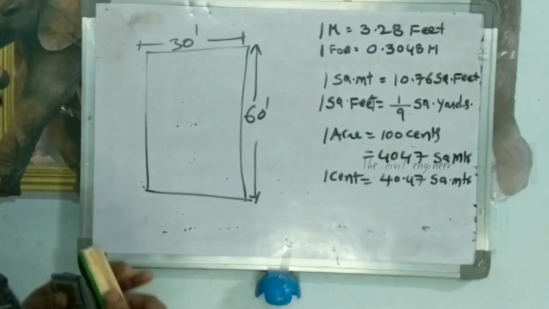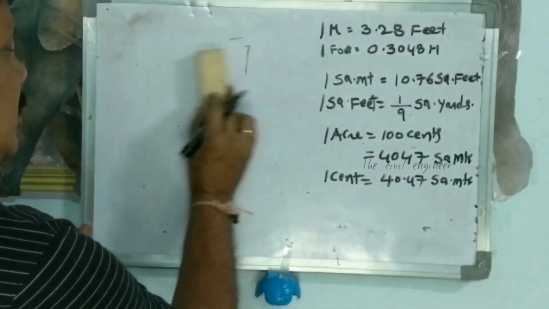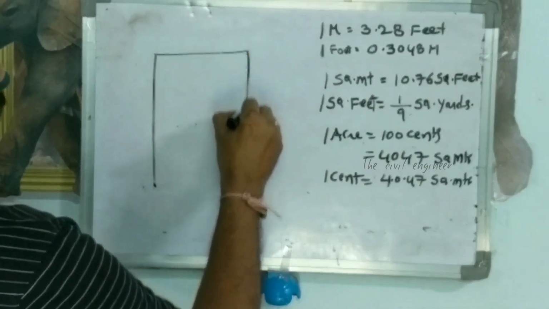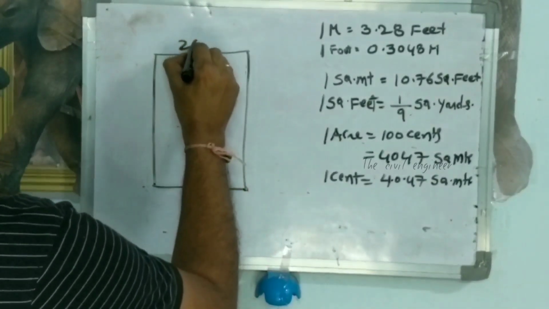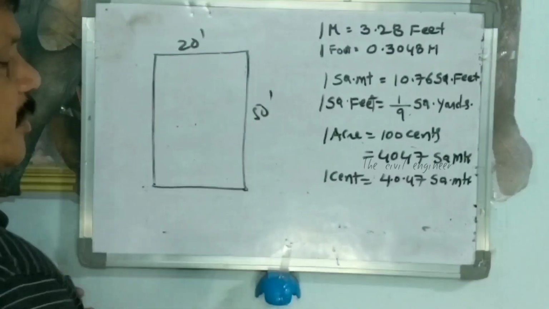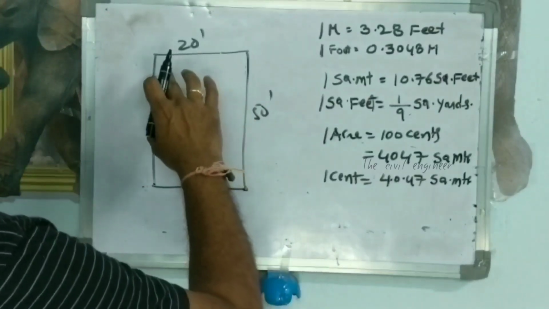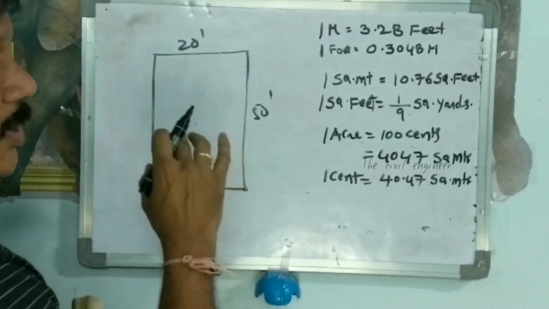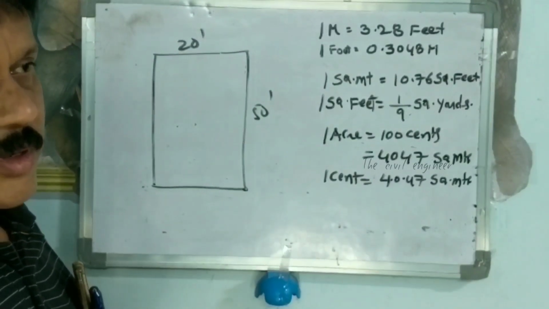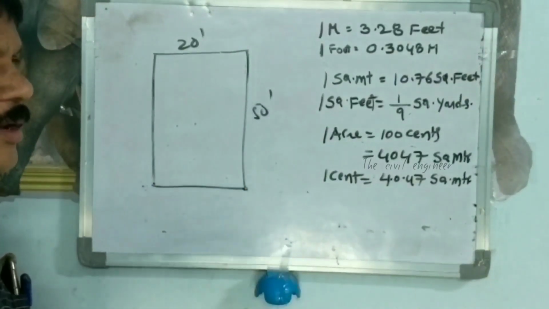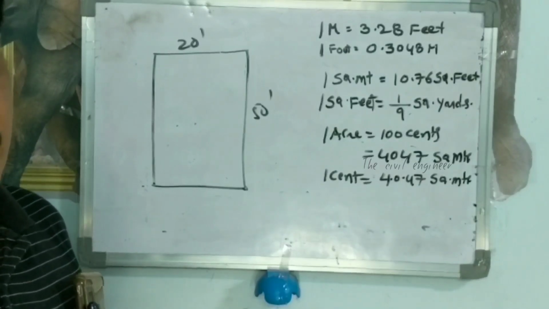Next, suppose you want to draw a building plan for a 20 feet by 50 feet building. First you should convert the total units into meters, because while drawing the building plan we have to know the meters.